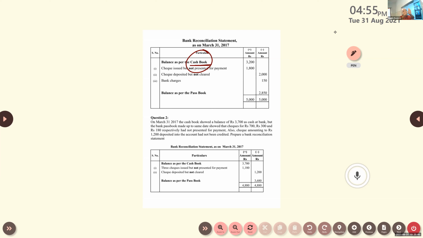It will immediately record it in the cash book. How is it recorded? Cash gone, my bank balance reduced. So the cash book is reduced.